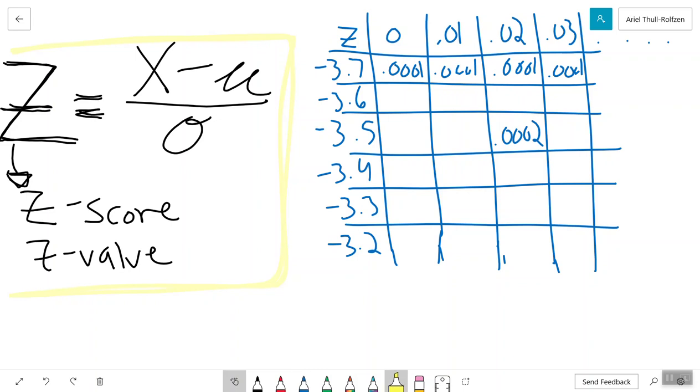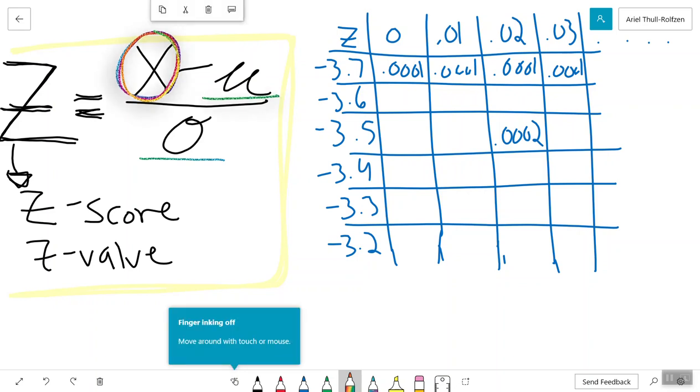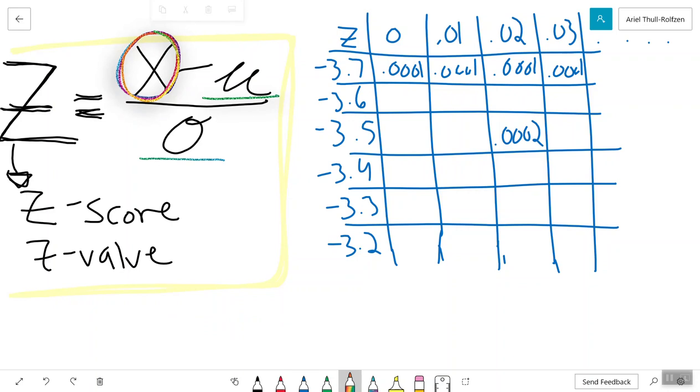So when I was talking about a z-score in the previous problem, what we can do is plug in an x value like we did with binomial distribution and Poisson distribution. If we're given the mean and the standard deviation, we can solve. I'm going to subtract the mean from my x value and divide it by the standard deviation right here.